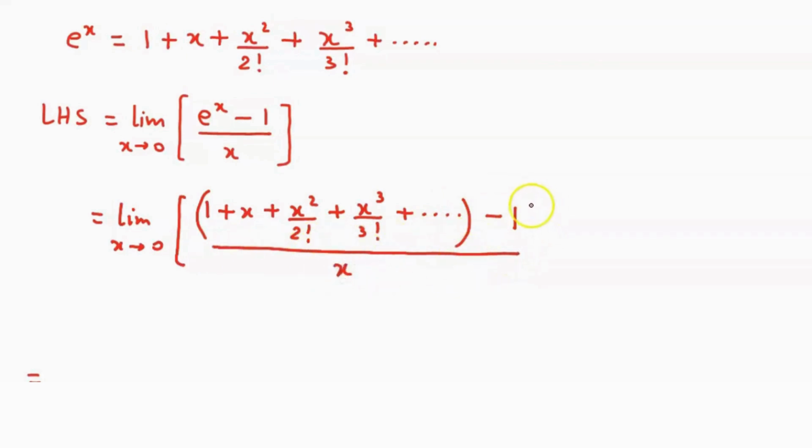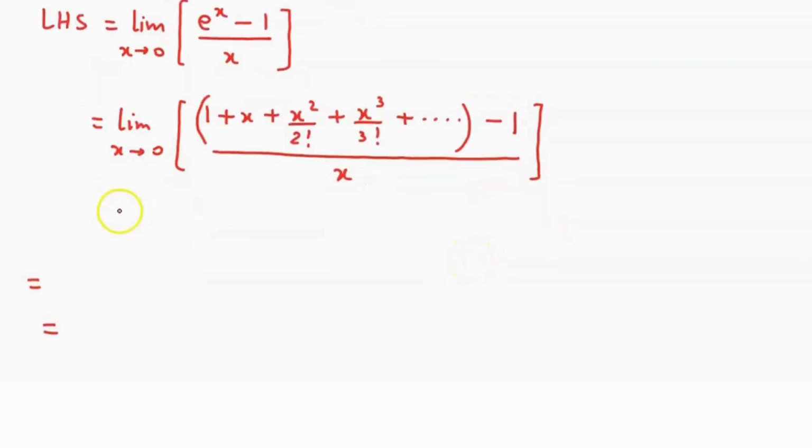divided by x. Now if you open the brackets, 1 would get cancelled with minus 1 and we are left with, I'll just erase these two. So cancelling 1 and minus 1, we are left with the limit as x approaches 0.